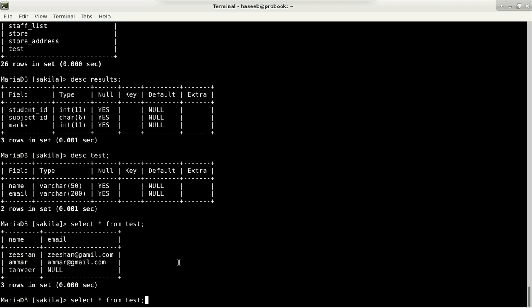We can write it using a case statement as well as an if statement, but let's see how we can use it. We want to display name and we say if null email, we will print not provided, otherwise we will print the email.